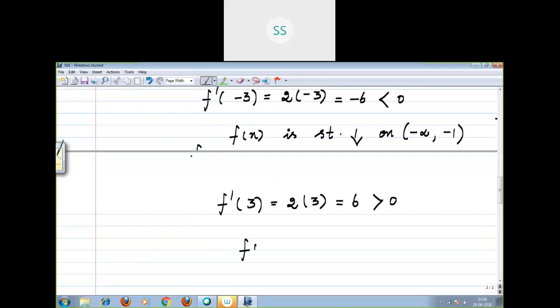Here the function is strictly increasing on the open interval 1 comma infinity.